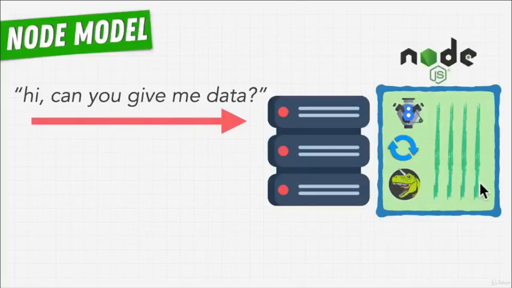It tries to pass off these long-running tasks to your thread pool and to the operating system so that your JavaScript code and the event loop don't block.